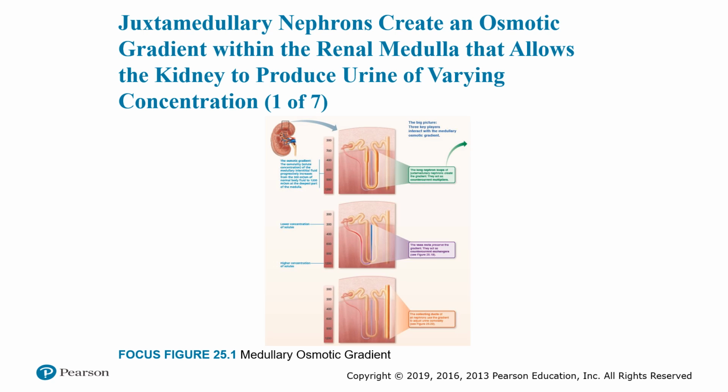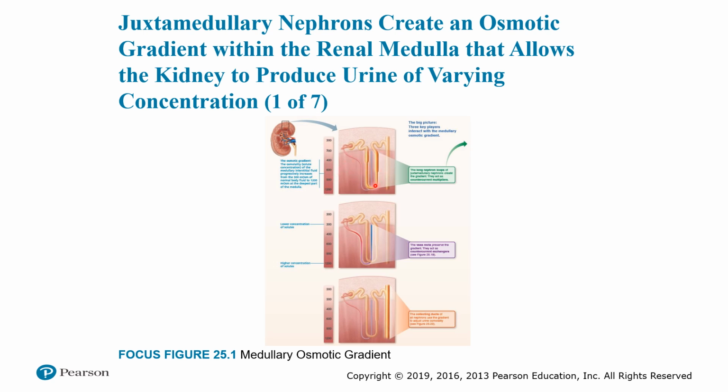We went over this figure; it is the same thing. The fluid flowing in the ascending limb of the loop of Henle changes the osmolality of the interstitial fluid, and that changed osmolality influences the descending limb, and from the descending limb more water comes out.